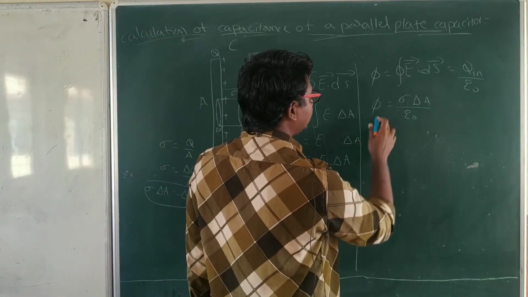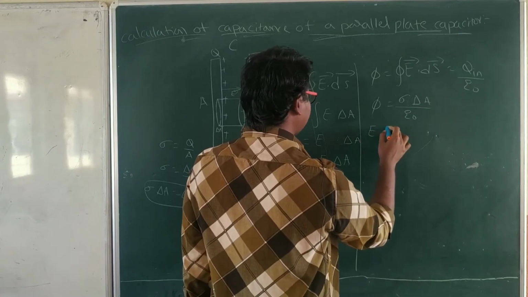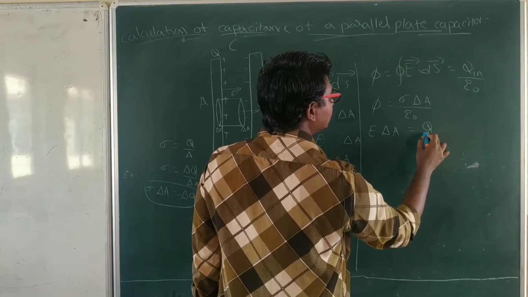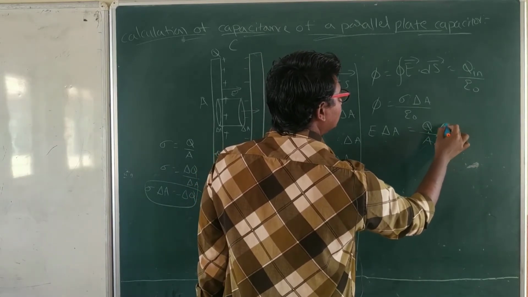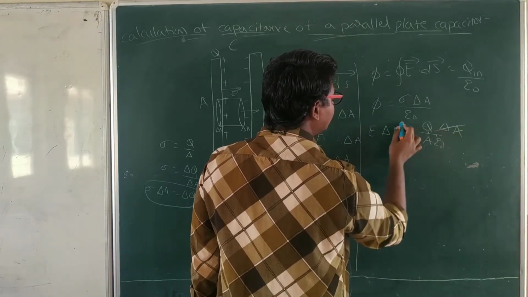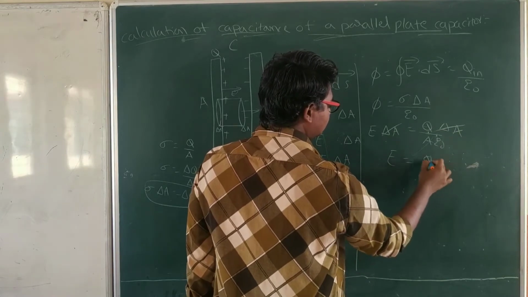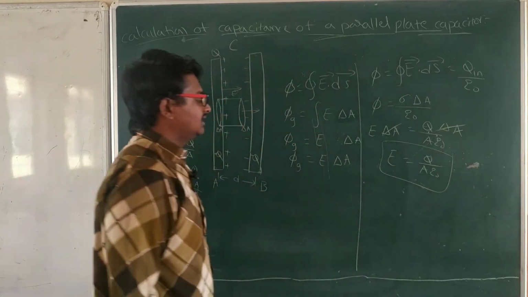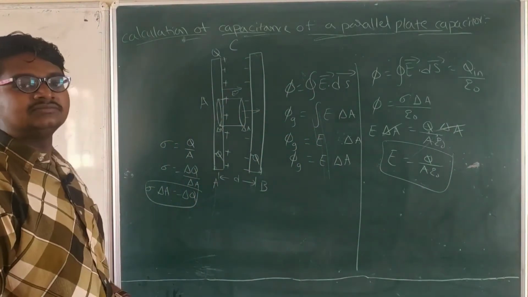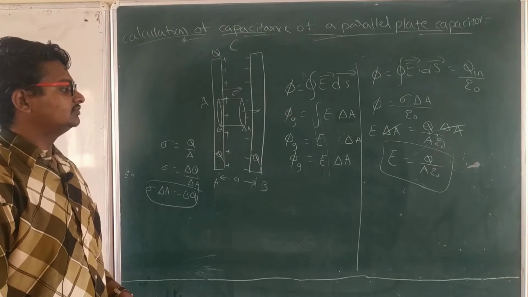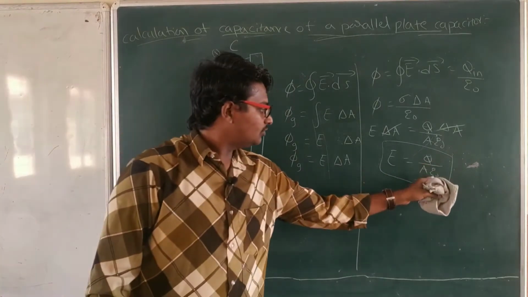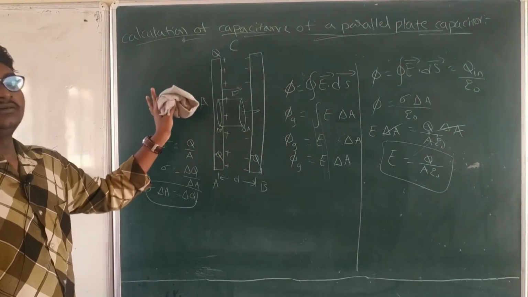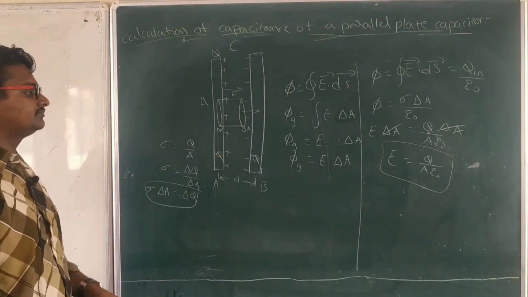What is sigma? Q by A. So E delta A equals Q delta A by A epsilon naught. Delta A and delta A get cancelled. E is equal to Q by A epsilon naught we will get. That's it. This is the electric field value, right? E is equal to Q by epsilon naught into A, where A is the area of the parallel plate capacitor.